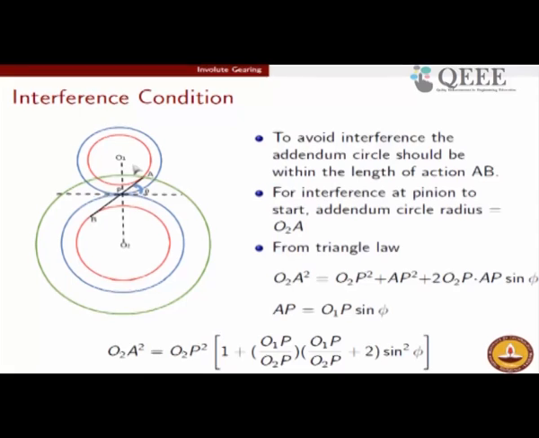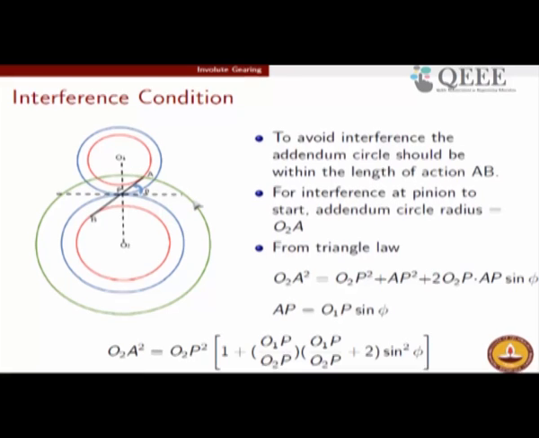That means the engagement happens only in the involute portion of the gear tooth. We understand that there is a portion which is not involute, but the engagement never happens there, so we need not worry about the consequences of that wrong engagement.